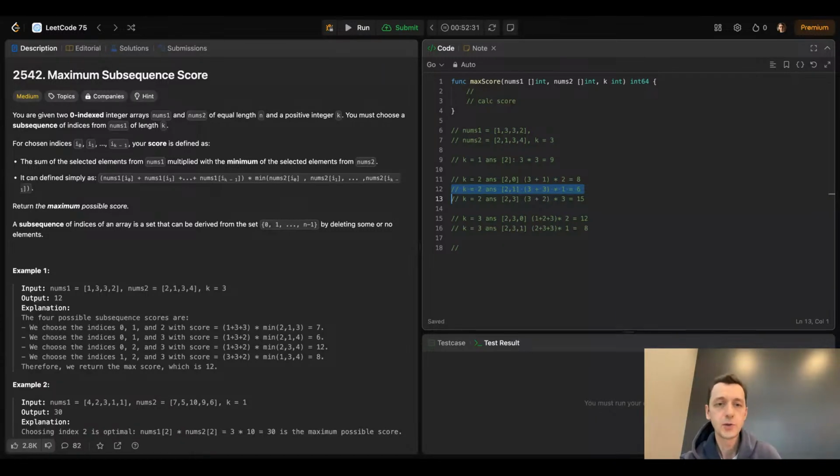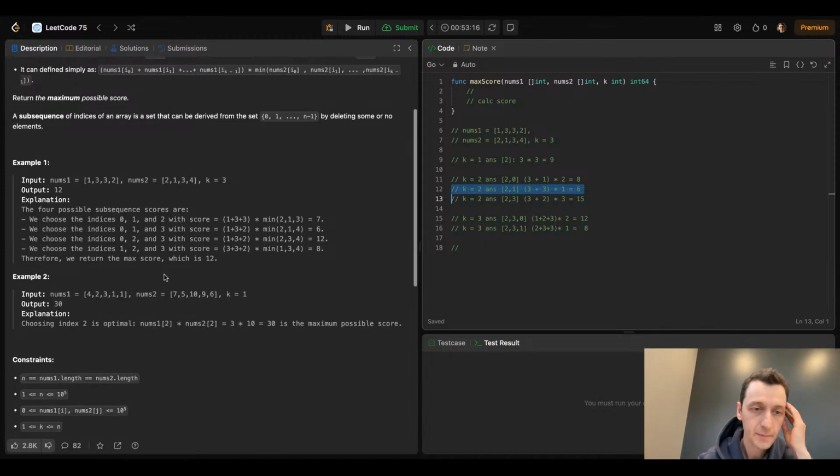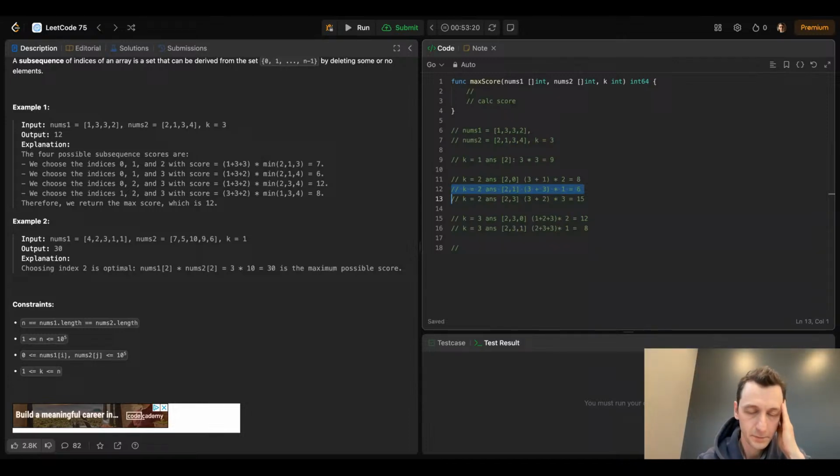We can't try all the options, because for each K, you will need to try all the nums left minus K. That's not really viable, that's 10 to 10. That's too much.